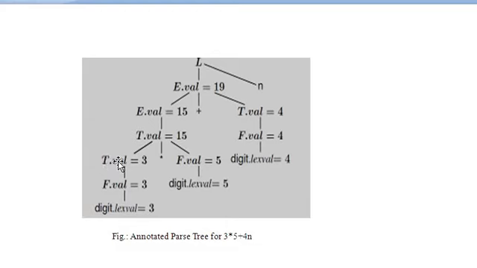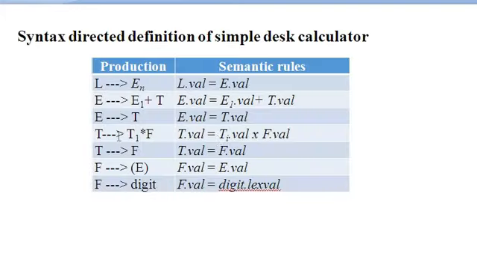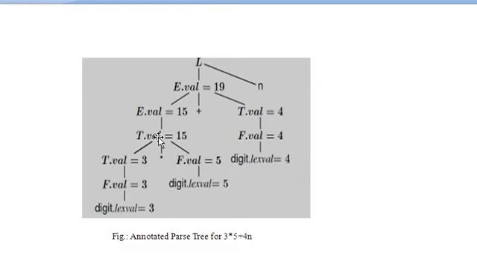T dot value of T1 is 3, into F dot value which is 5. So T dot value is equal to 15. 3 into 5, answer is 15. So now T dot value is equal to 15.